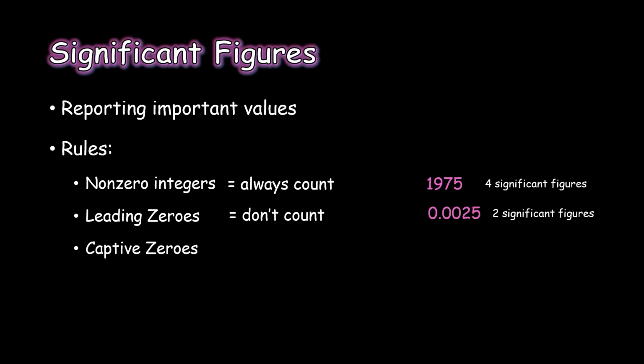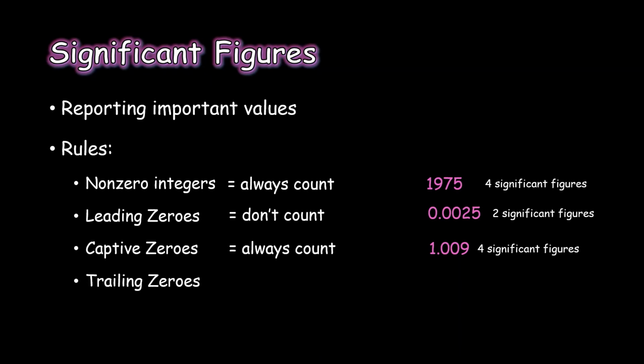The next rule we have is captive zeros. So these are any zeros that are in between two non-zero integers, and these zeros always count. For example, we have 1.009. This would have 4 significant figures.